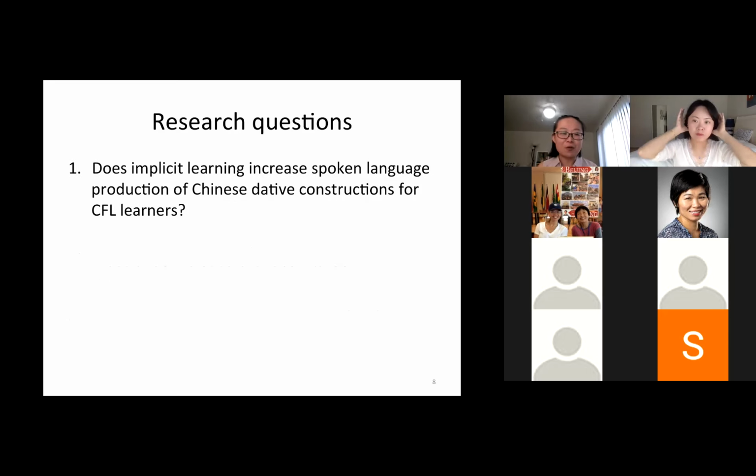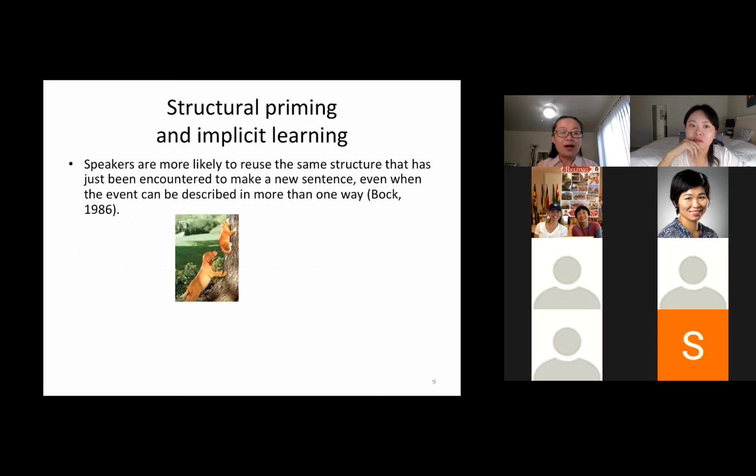For the first question, whether implicit learning increases production of Chinese dative constructions for CFL learners, we used structural priming.